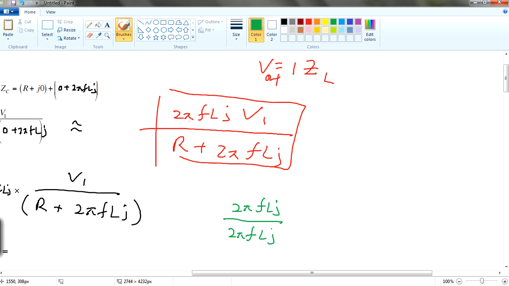If I factorize these out, what I have within is V1 divided by R over 2 pi FL J plus 1.